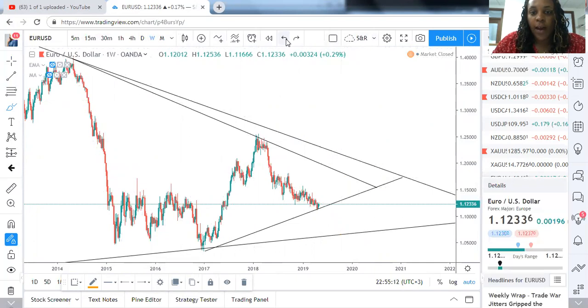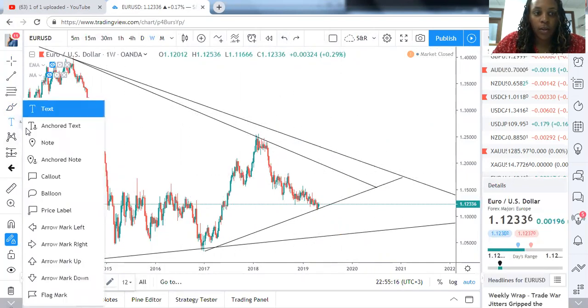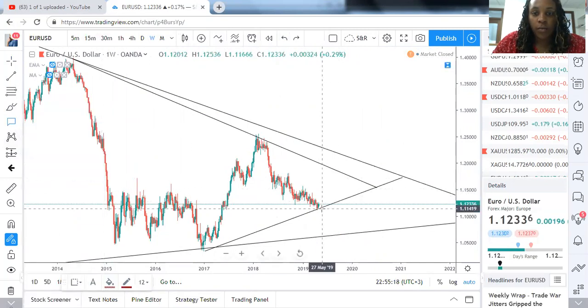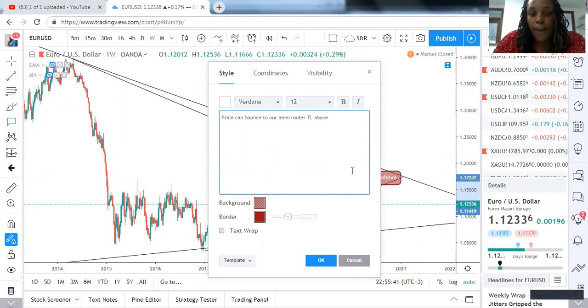So we have two scenarios. Right? I'm just gonna make note of them so that you know. So the two scenarios here is that price can bounce to our inner or outer trend line above, right?